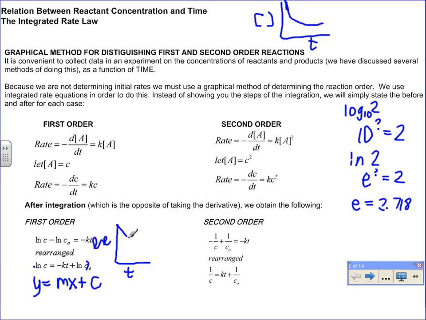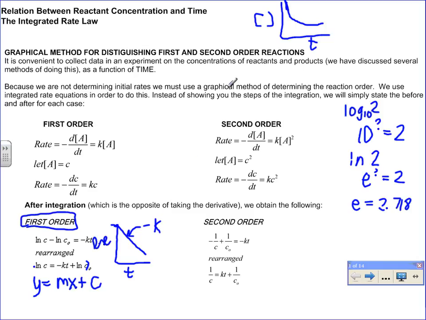And when you have a first order reaction, ln c versus t gives us a straight line. The y-intercept is ln of the initial concentration, and the slope of this line is negative k. This is what's important to us. It's what you'll see in a minute when I summarize and emphasize this again.